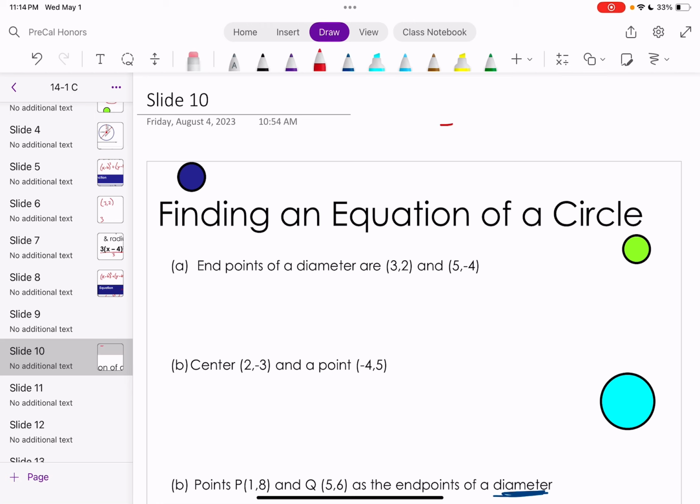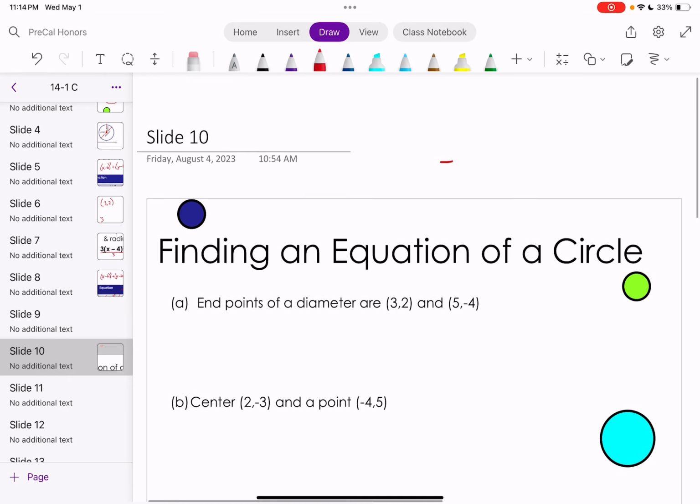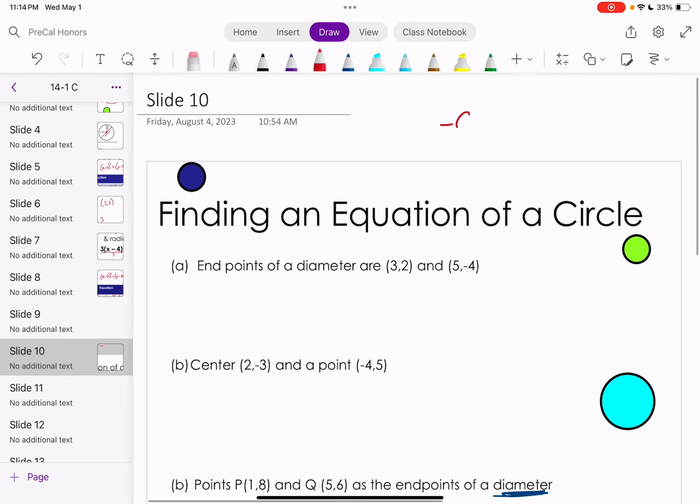You need the center and you need the radius. If they are both provided within the problem, then it's just a matter of creating the equation. But you could be possibly missing one or even both of these two things necessary for the equation, in which case you will need to find it on your own.